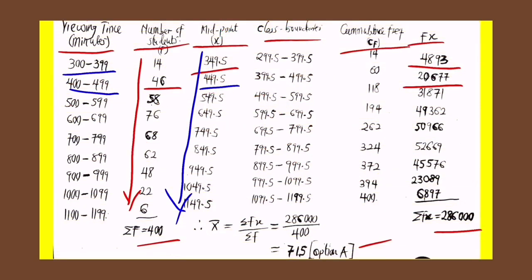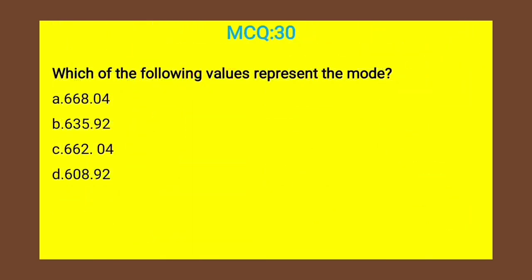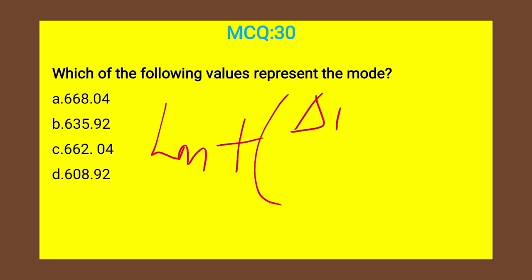So let's continue. The next question asks us to find the mode. Remember, in the same video, part 2, we solved some mode questions. To estimate the mode of grouped data, it is the lower limit of the modal class plus delta 1 divided by delta 1 plus delta 2, then multiplied by your class size.